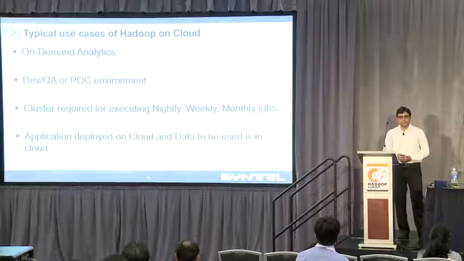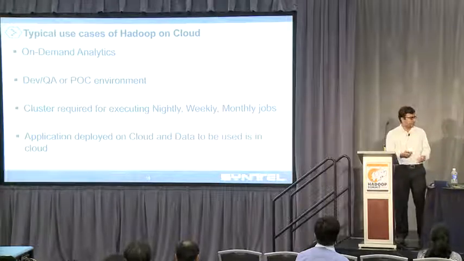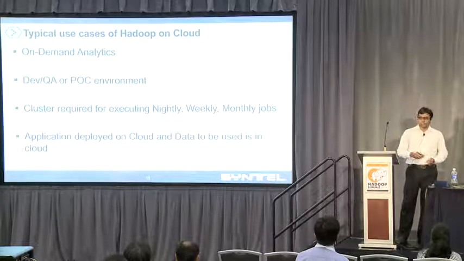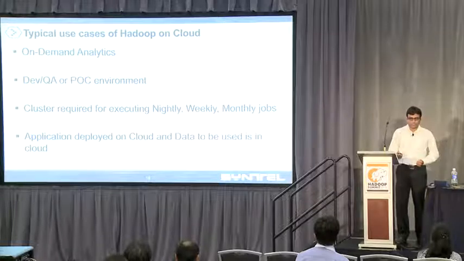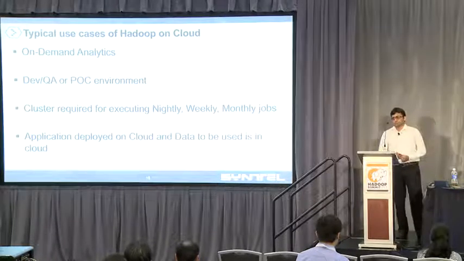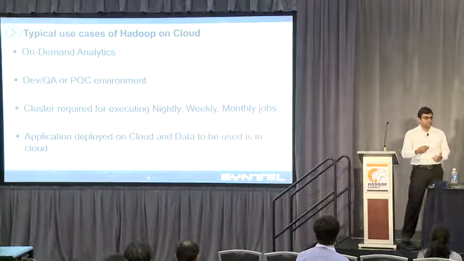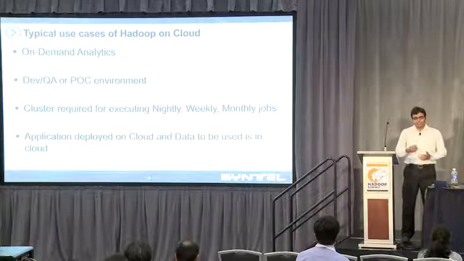The other use case, which we already mentioned previously and which Sahara is aiming at, is provisioning quick clusters for dev, QA or POC requirements. Another is where Hadoop is not processing jobs in near real time.